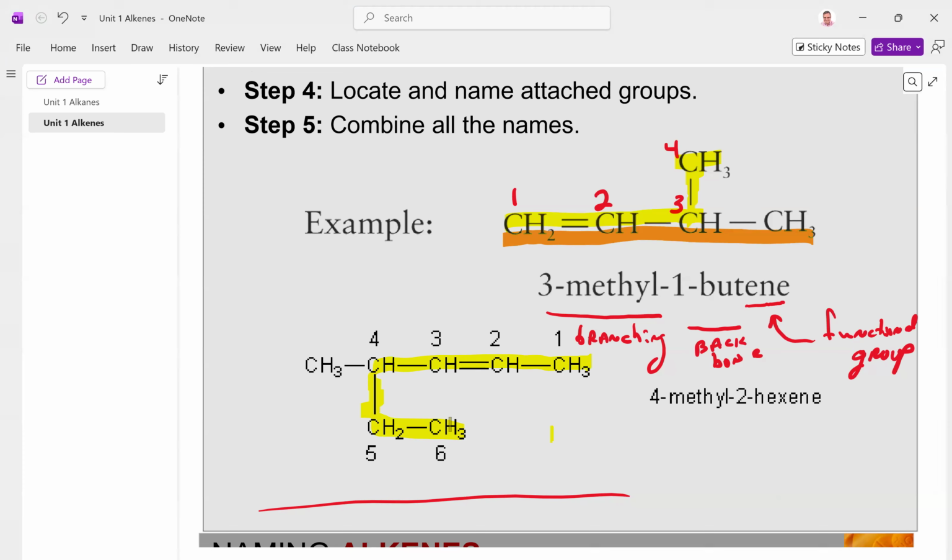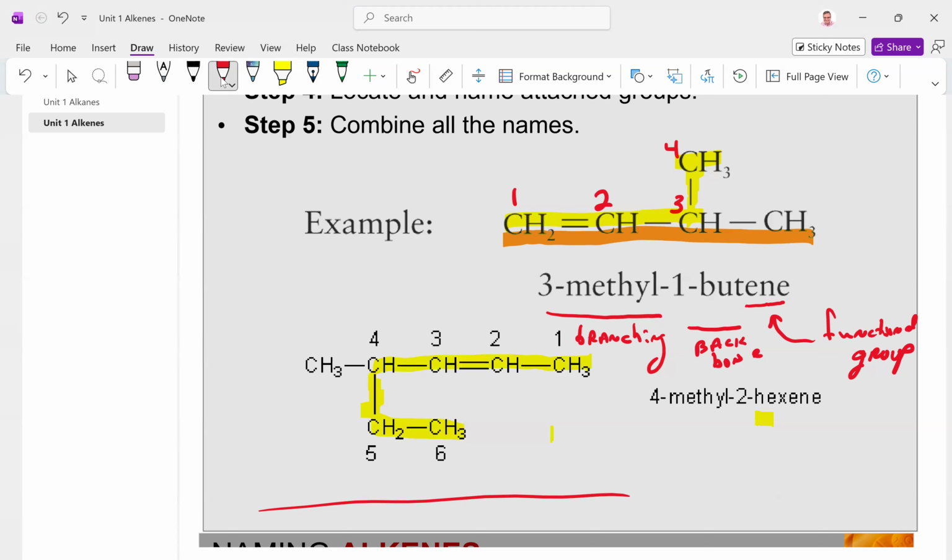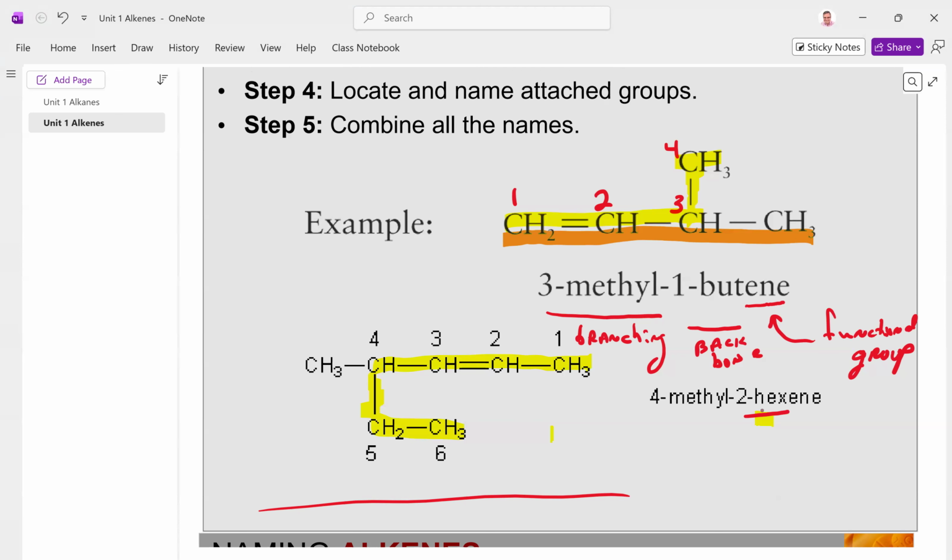So that's going to be a hex, a hexene. And we have a branch on carbon number 4. The double bond starts on carbon number 2. We have to identify where it is. So when we do alcohol, the alcohol is defined with an OH. We have to say where the OH is located. Now, sometimes we can have a combination of a double bond and an OH, so the naming gets a little more involved. Okay, so does this make sense?